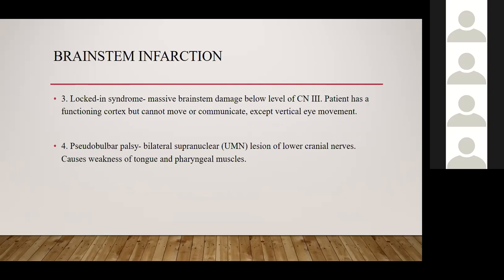You can also have what we call a locked-in syndrome. So you have a massive brain damage below cranial nerve 3. Okay, so it means that cranial nerve 3 is working fine. And if you remember, the function of cranial nerve 3, which is also known as oculomotor, is supposed to control the extraocular muscles.